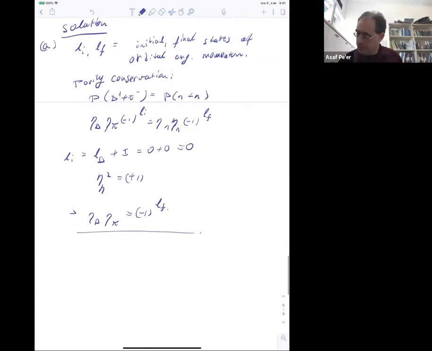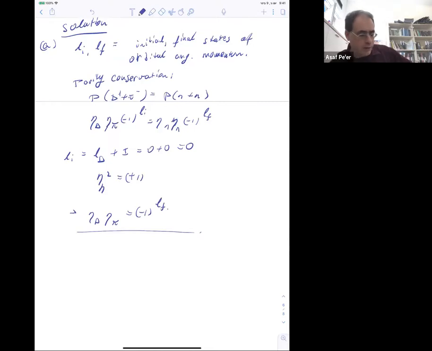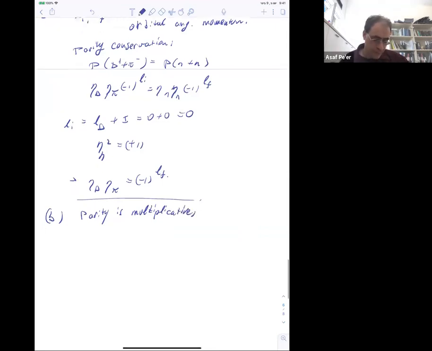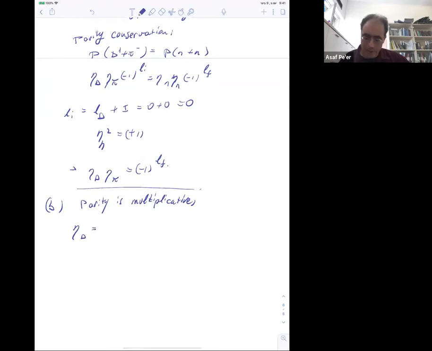Okay, so in order to proceed, we want to get the intrinsic parity of the pion, eta pion. That's what we're after. So we still need to determine that. The next step is to determine the intrinsic parity of the deuterium, eta d. Now we know that parity is multiplicative. So eta deuterium is eta neutron, eta proton times (-1) to the power LD.